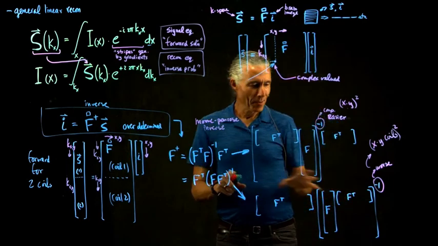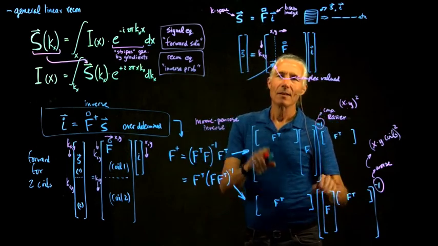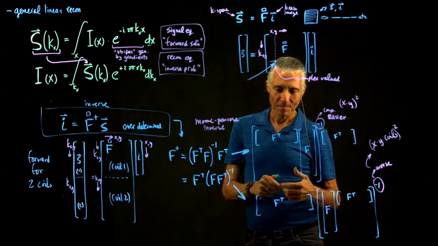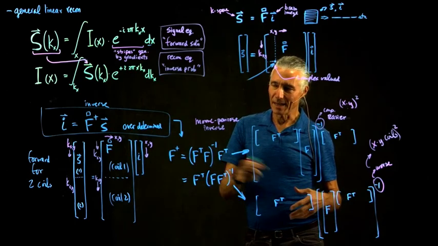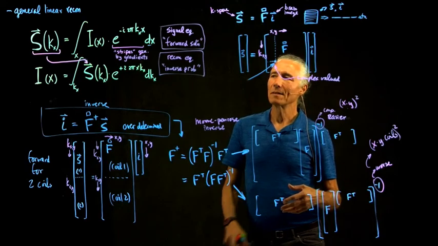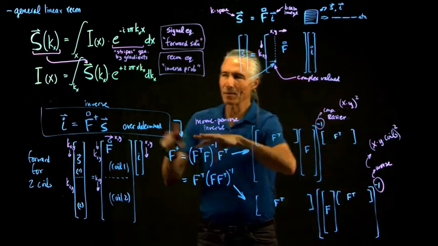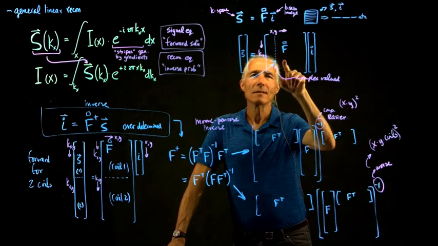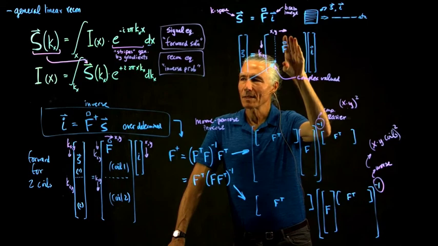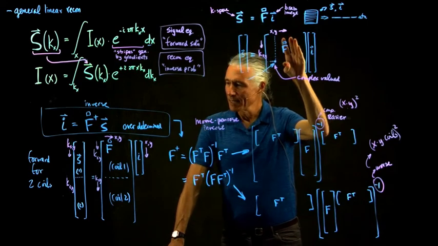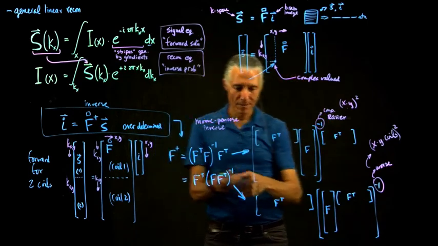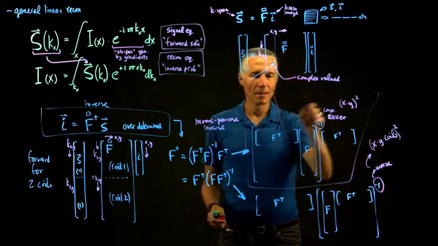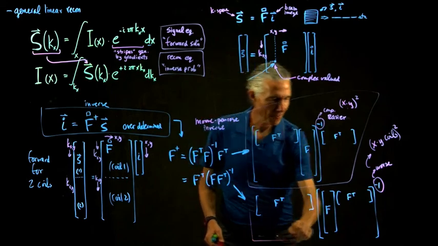So what's the bottom line? For each slice, we would have to collect all those pre-scans, use the equation that I erased to fill in all the components of this F matrix for a particular slice. Then we would do this thing to it, as opposed to this bad thing.